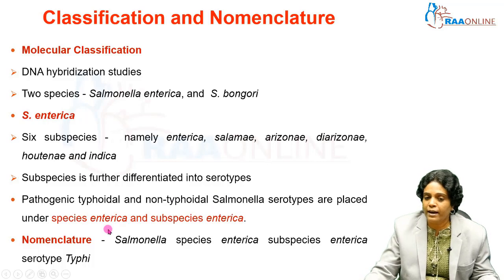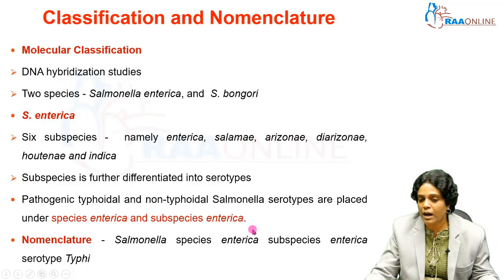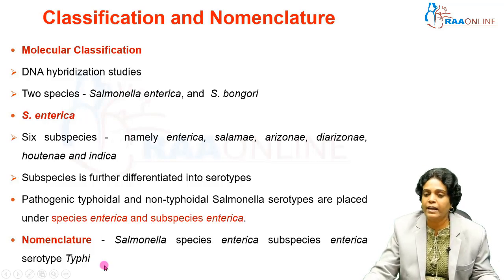It is a little difficult to write the nomenclature of Salmonella compared to other bacteria, because it has the genus Salmonella, then a species, say enterica, then various subspecies, say enterica, and then various serotypes. For example, it is written as Salmonella enterica subspecies enterica serotype typhi, or serotype paratyphi A, or paratyphi B, or paratyphi C, and so on.